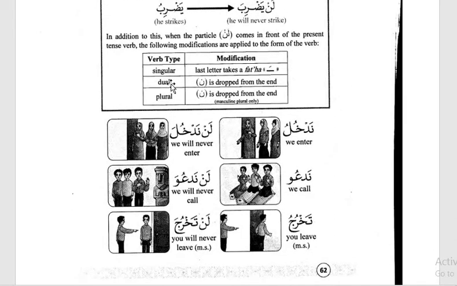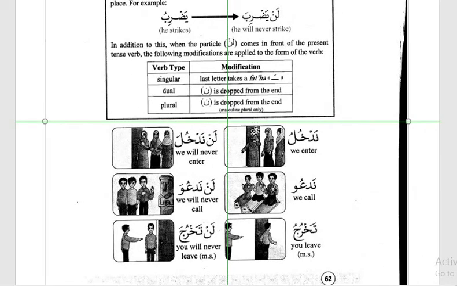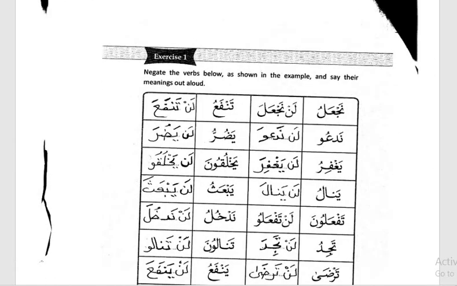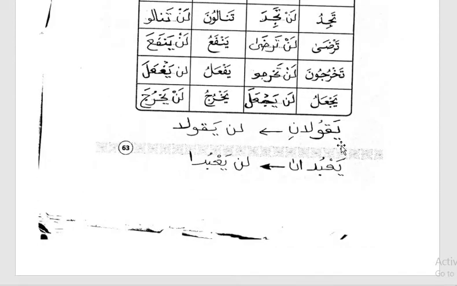In dual, like for 2, the noon is dropped from the end. So when the verb is dual, the noon at the end is dropped. Let's have an example. For example, يقولان is a verb in dual form. When you want to add len, it becomes لن يقولا.